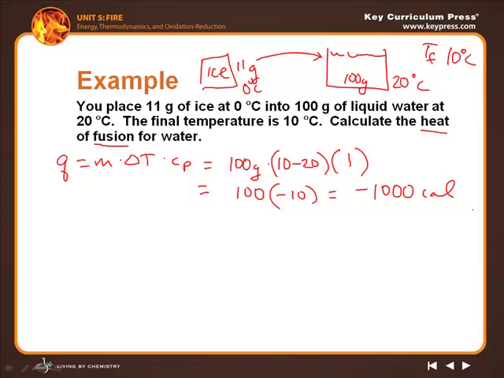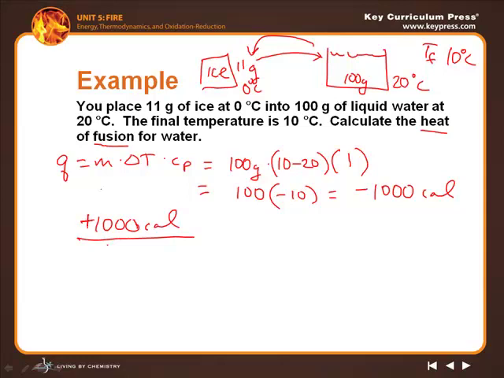Now, does that make sense that the water is losing heat? Where's the heat going? It's going into the ice. So there's negative 1,000 calories from the water, which means 1,000 calories going into the ice, a positive 1,000.